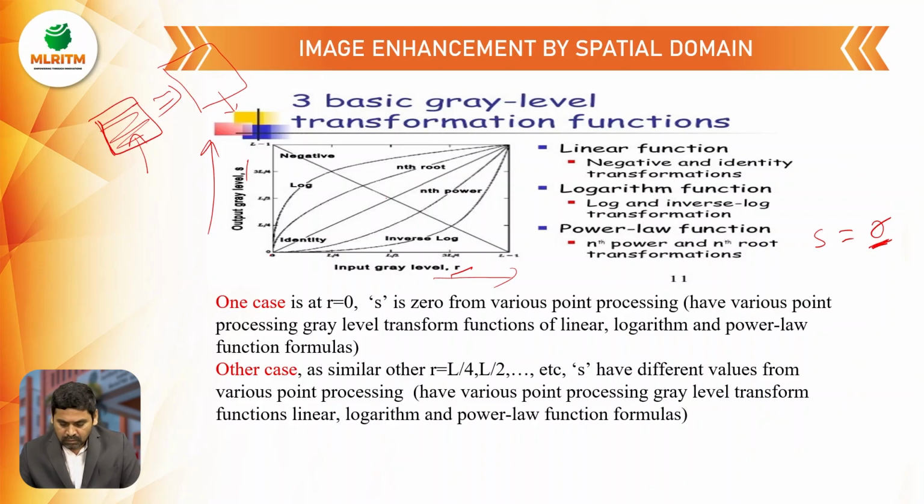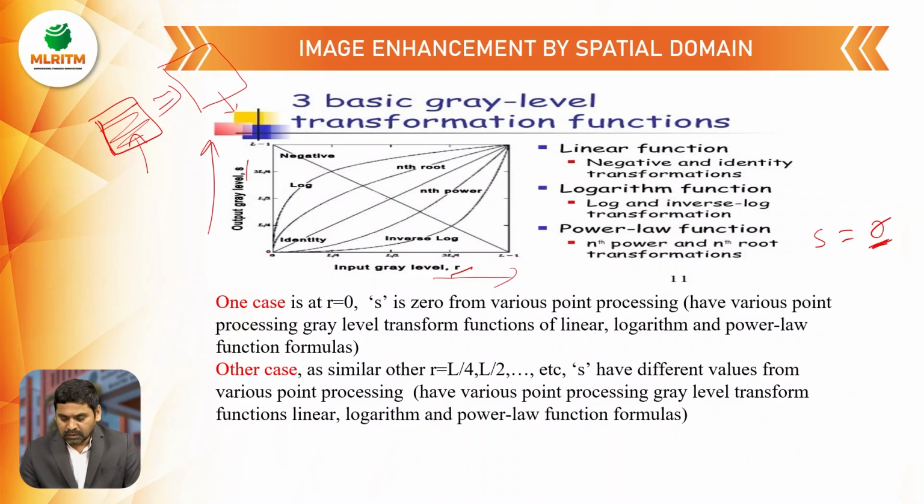So these are the three basic gray level transformation functions. Similarly for logarithmic, we have log values with input R values and output S values. Log is an increasing variation and inverse log is a decreasing graph.